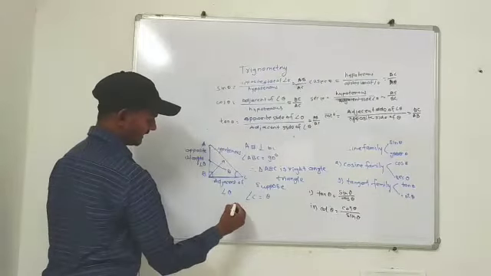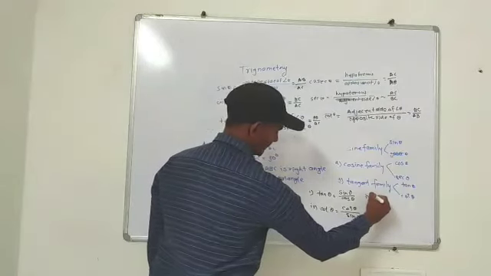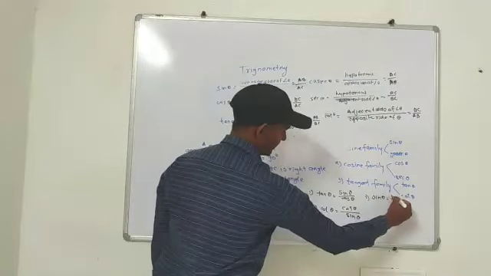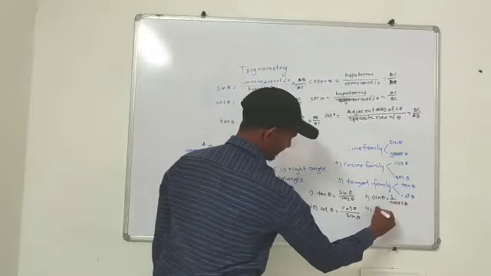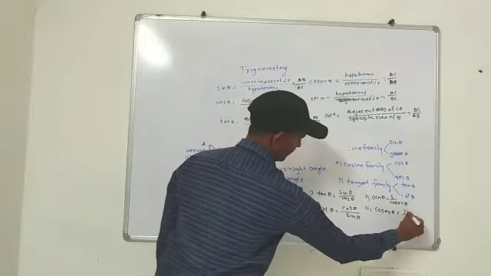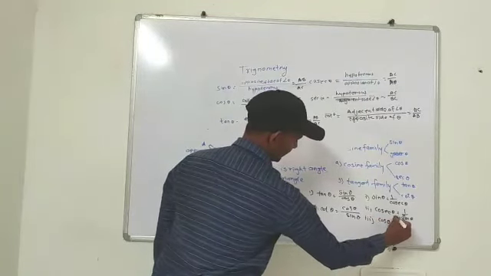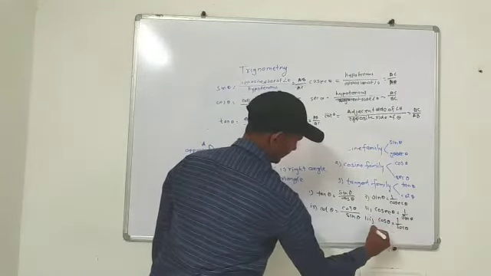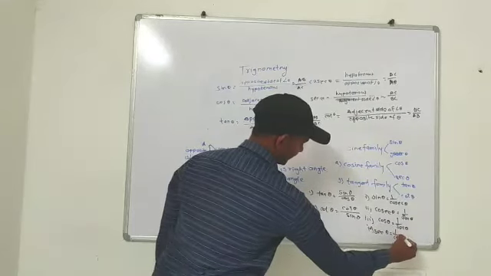This is the basic formula, and now the reciprocal identities. First one is sin theta is equal to 1 upon cosec theta. Second, cosec theta is equal to 1 upon sin theta. Similarly, third, cos theta is the reciprocal of sec theta, and sec theta is the reciprocal of cos theta.